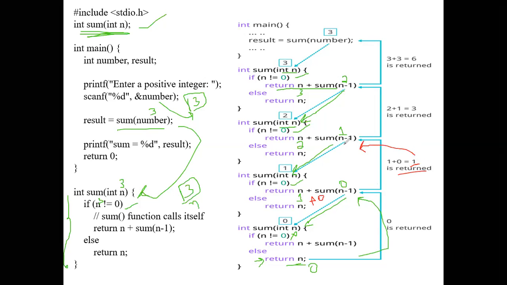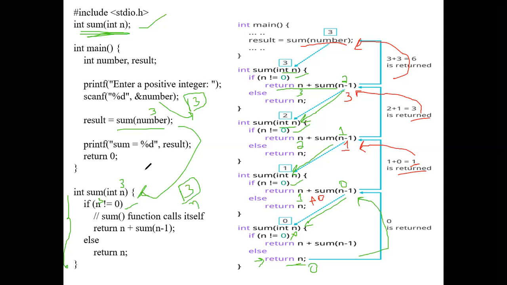So what answer are you getting here? 2 plus 1. So what is the answer? 2 plus 1 is 3. That will be returned to the previous function call, that is 3 plus, now what is the answer? 3 plus 3 is 6. That will be returned to the previous function call. So now the answer you are getting is 6.